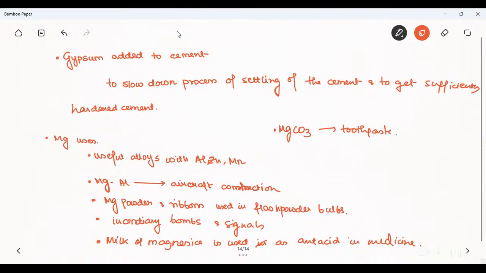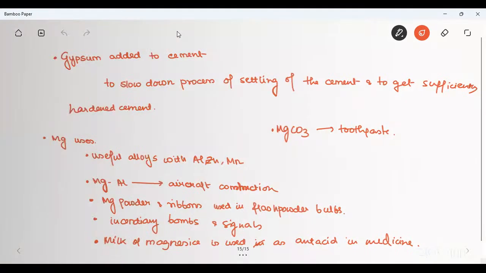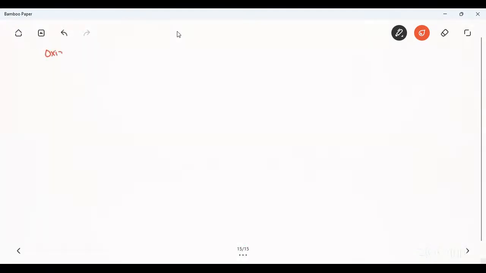Next question that came was: what are the oxides that cause acid rain? The oxides that cause acid rain are oxides of nitrogen, sulfur, and carbon.